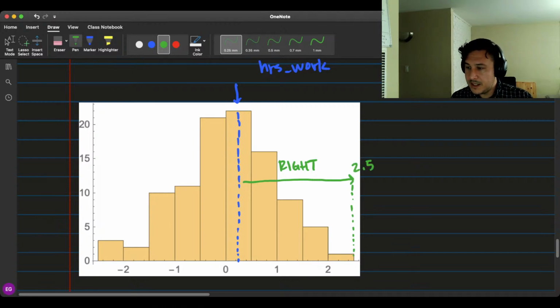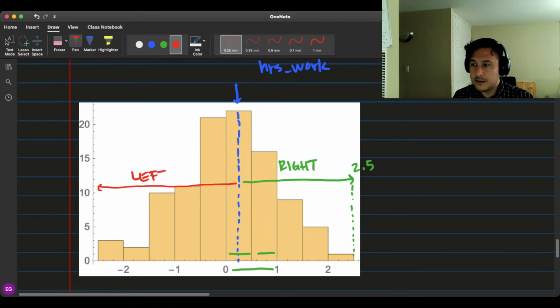You can figure that out because you can go from 0 to 1, and there's 2 bins that go from 0 to 1, right? So it's half a unit wide. You see there's a number 2, so this must be 2.5. You go the other direction. There's your left tail. And it goes out to about -3. Right? So the right tail is about 2.5 wide. The left tail is 3 wide.